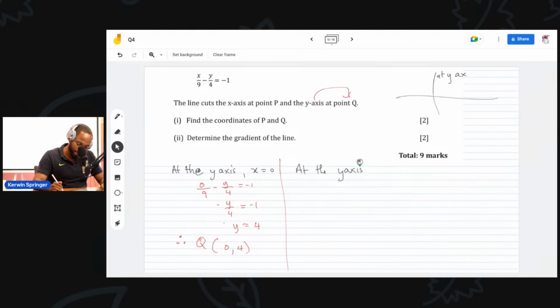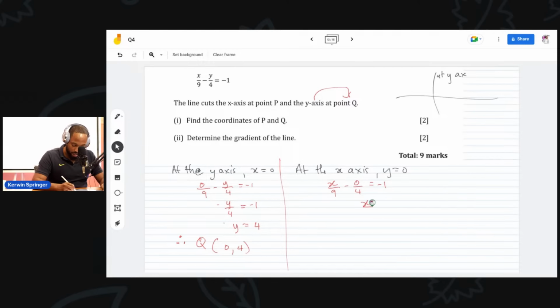Now at the x-axis, y is equal to 0. So you start off again. This time you put the x over 9, and you minus 0 over 4, equal to -1.